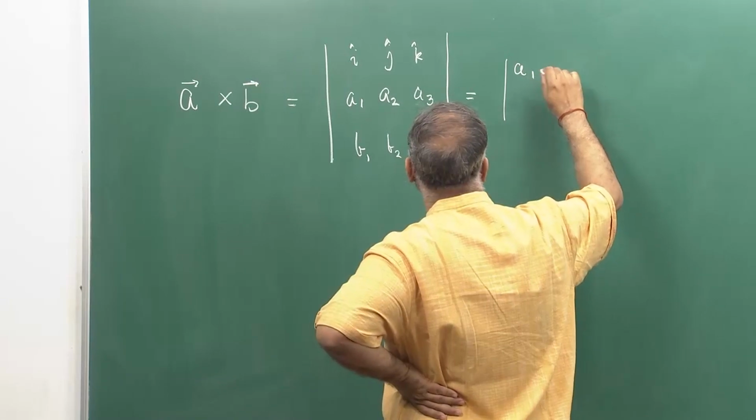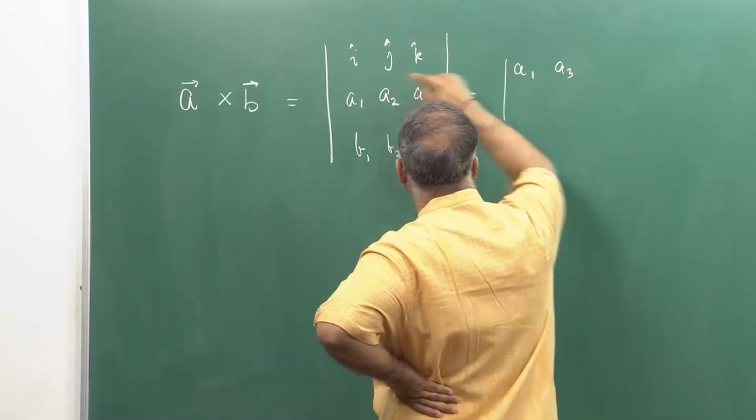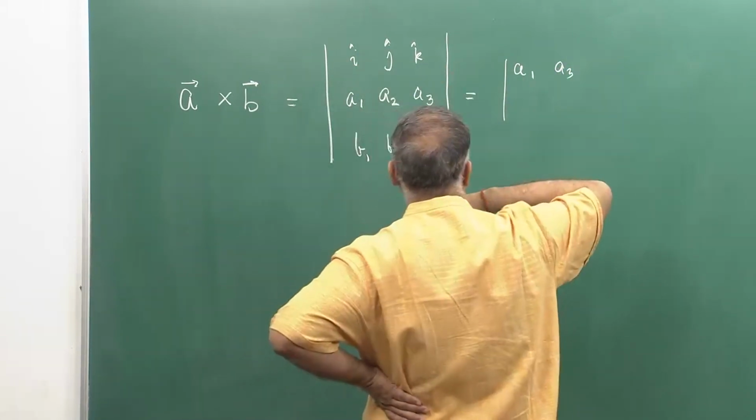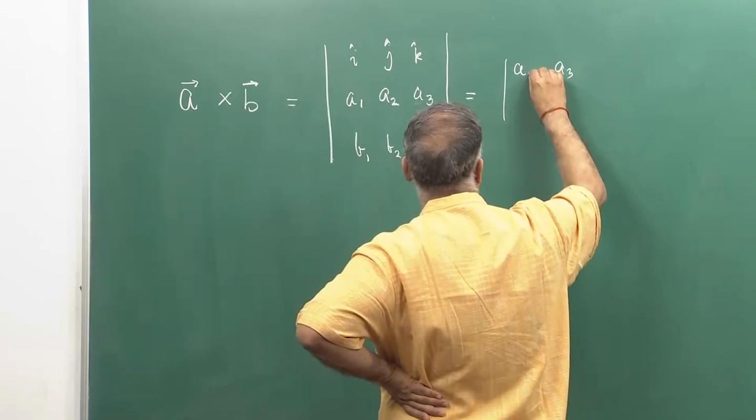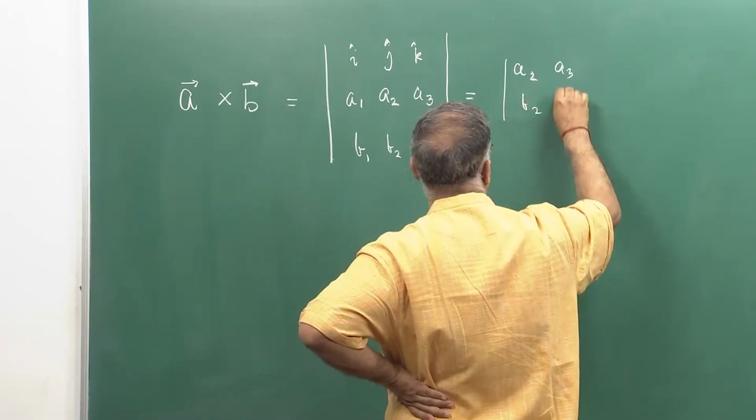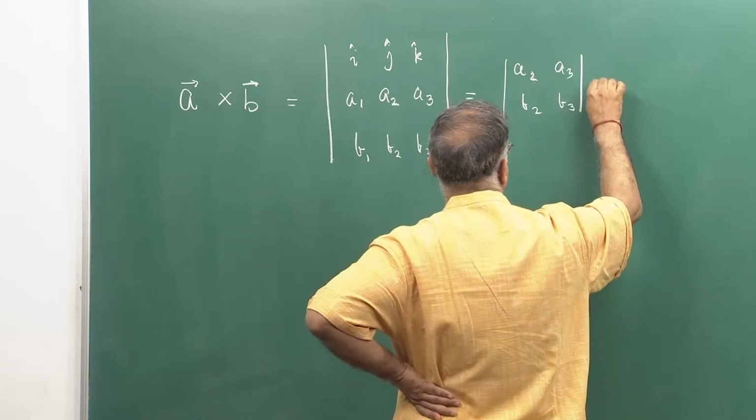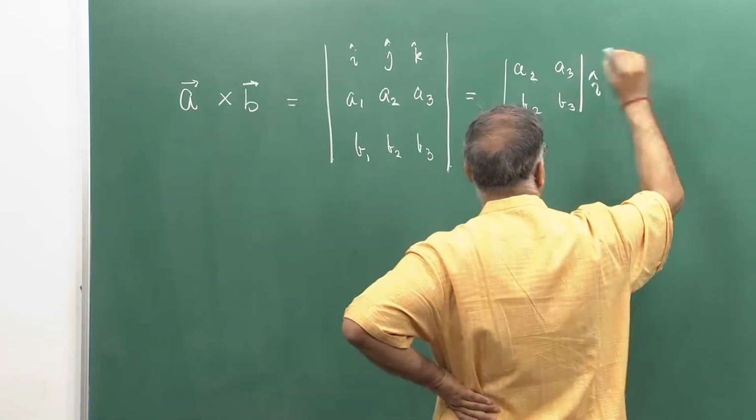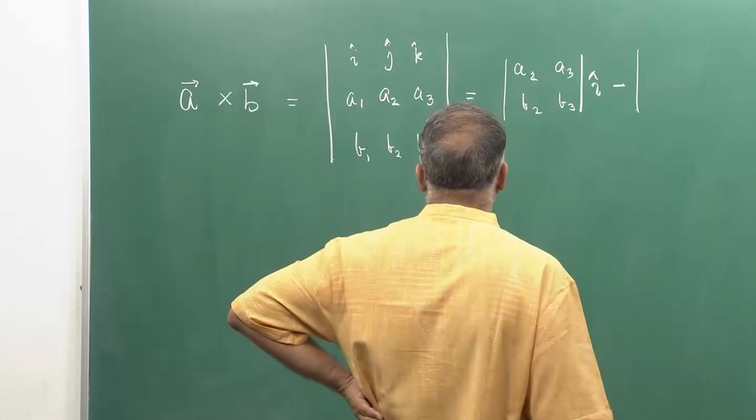So, it will be: if I take i, then I take off the first row and first column. So, sorry, A2, A3, B2, B3, this multiplied by the i vector. Now, a minus sign would come just like in an ordinary determinant.